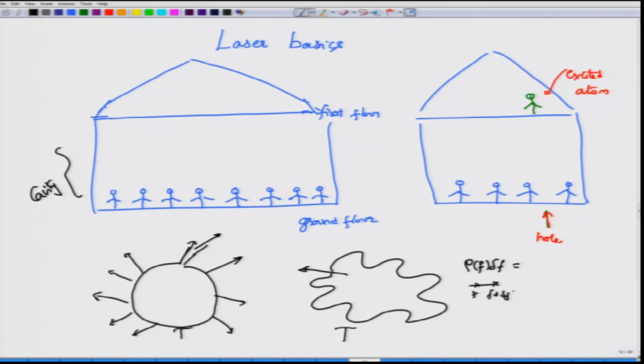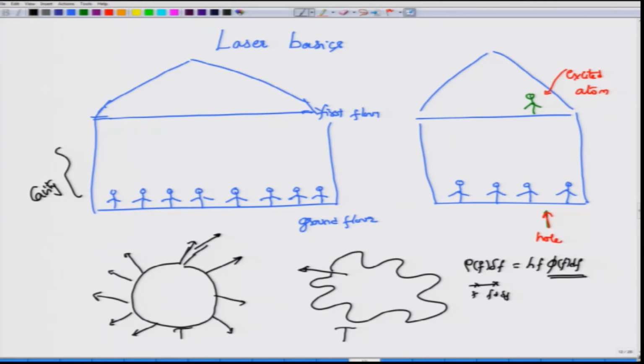The energy emitted in that region is given by h f, which is the energy of the photons emitted from this region, times the photon density, that is the number of photons between the frequencies f and f plus delta f, which we will call phi f df.